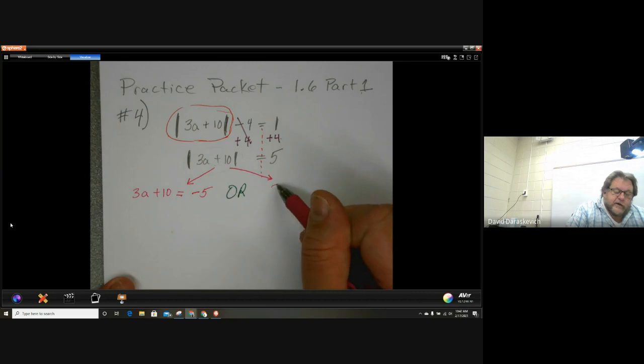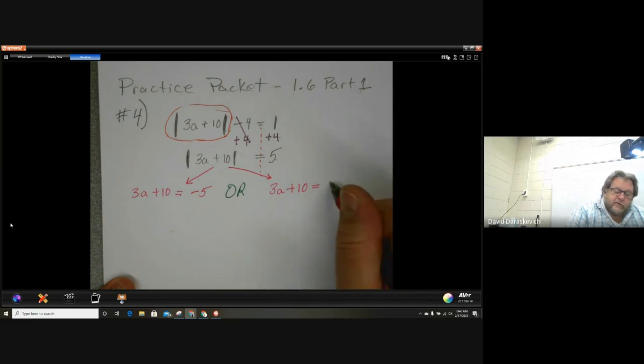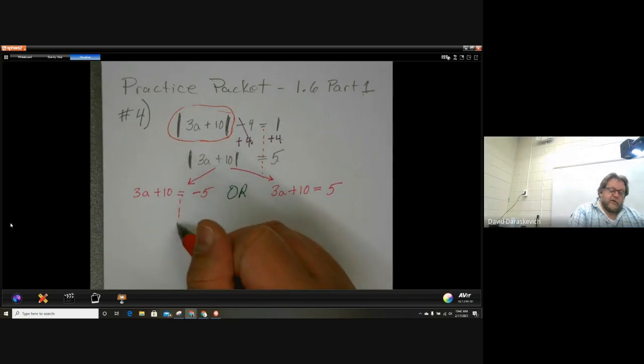Take what's inside and take what's there, +5. Now I've got 2 equations to solve. And if you want, put your dotted lines.